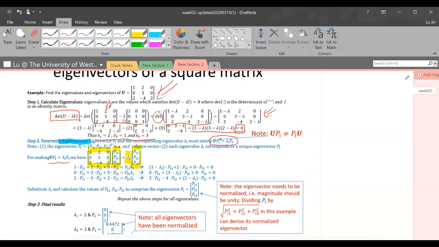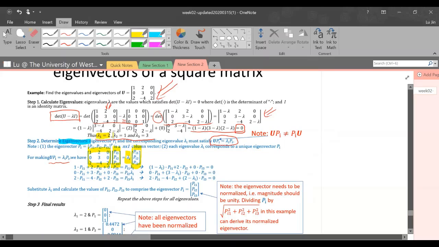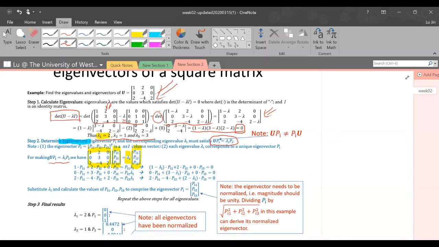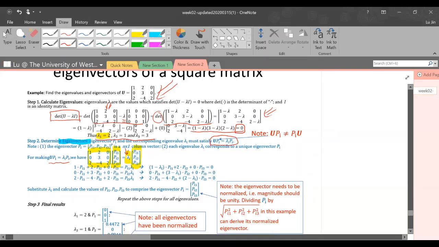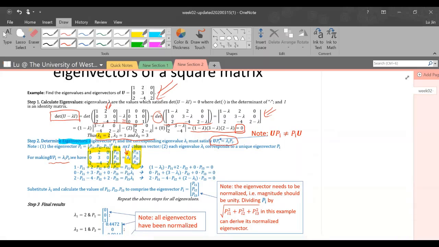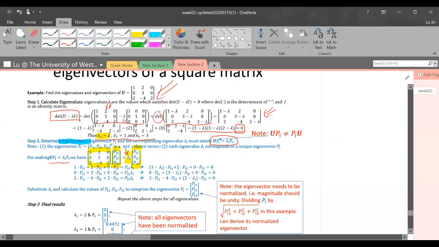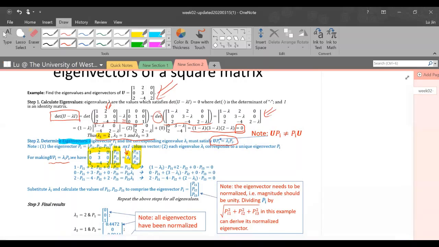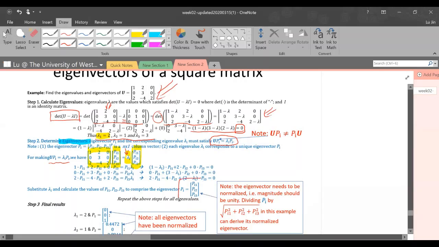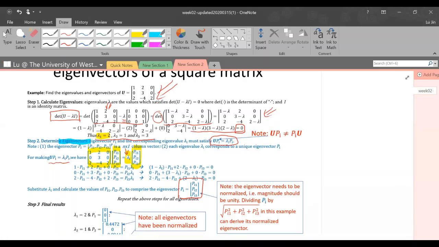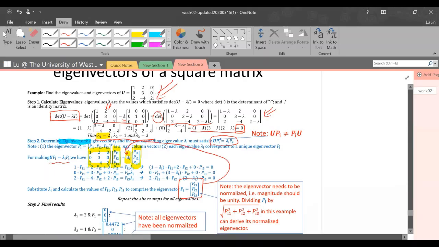Now we can substitute one lambda value into this one. For example, if lambda 1 is equal to 2, you can put the number 2 into this lambda 1. And then after this step, just use the matrix calculation to convert this matrix formula into a number of equations in terms of pi1, pi2, pi3, and then solve these three unknowns. After you solve these three values, put them back into the column vector to finish the calculation of the first eigenvector. This eigenvector corresponds to the eigenvalue you used.